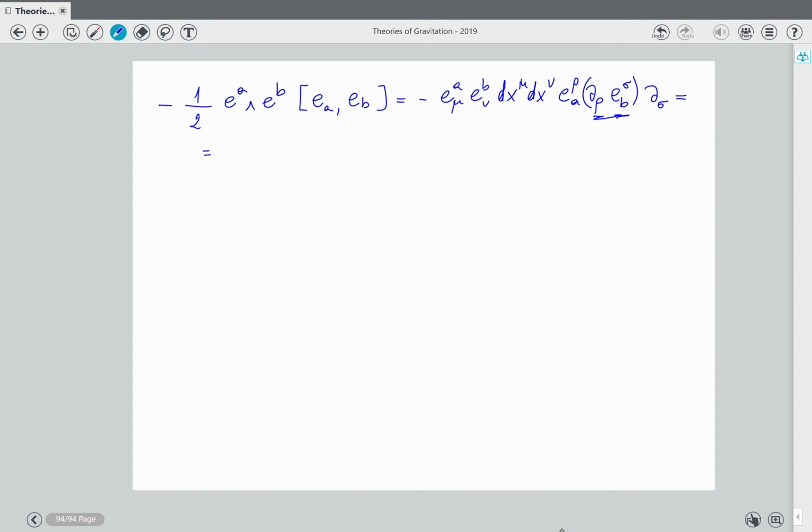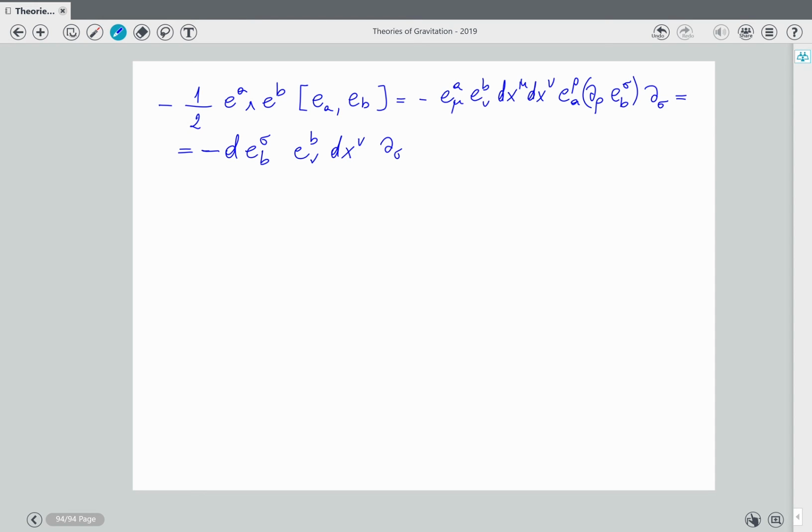Of E sigma B. Exterior derivative of E sigma B. Then there will be the form EB, and partial sigma. But let's keep the dx mu there.